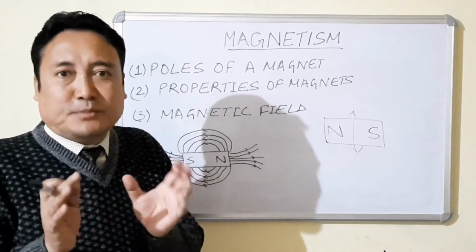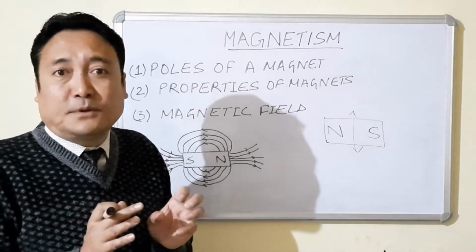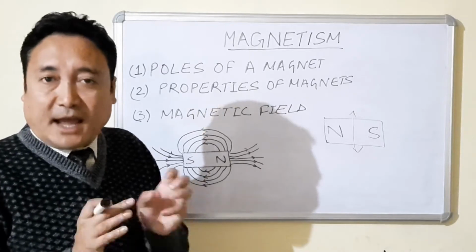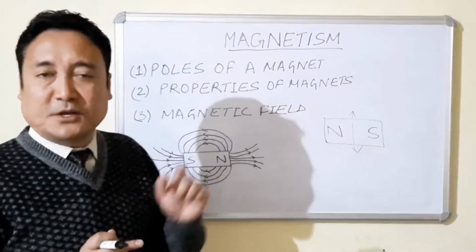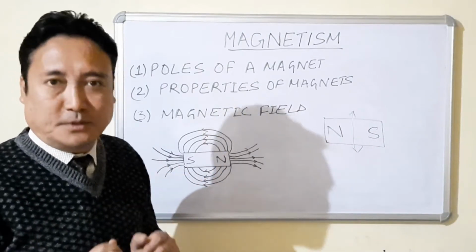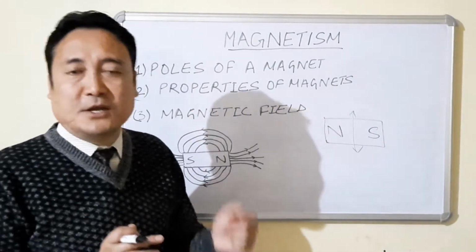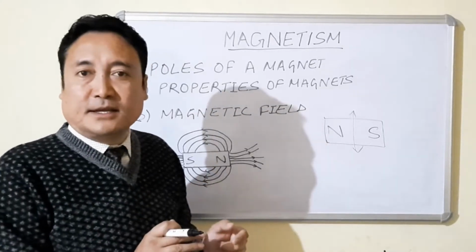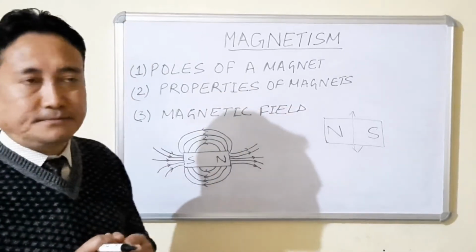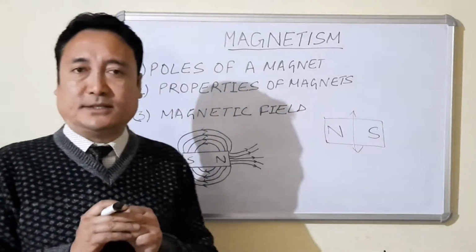That means the attractive property is very powerful, very much concentrated at the poles. So the magnet always has two poles, north pole and south pole, and these exist near the edge of the magnet.